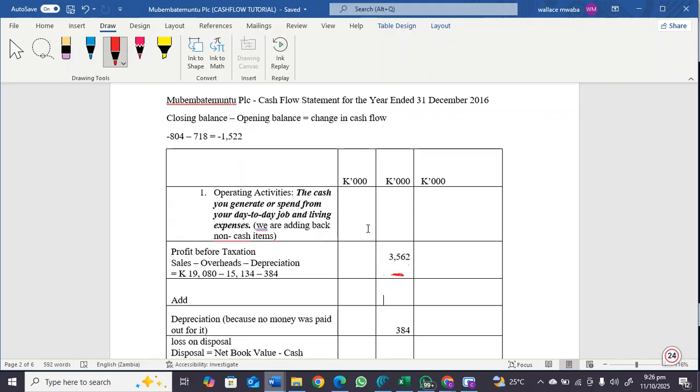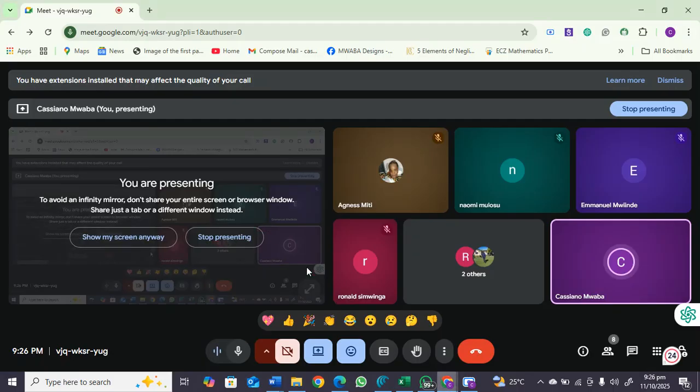After you get your operating profit, the next thing you need to do is adjust for non-cash expenses. These are expenses which are included in the income statement, but no cash was transferred.